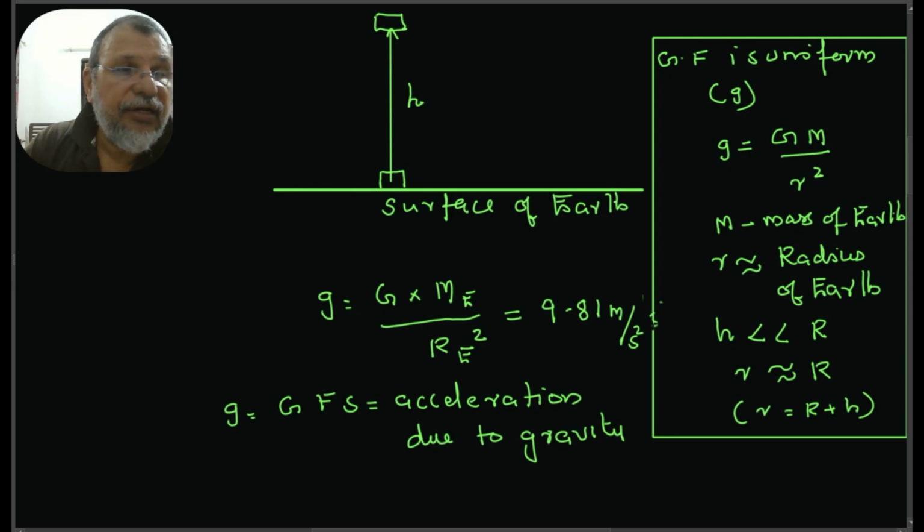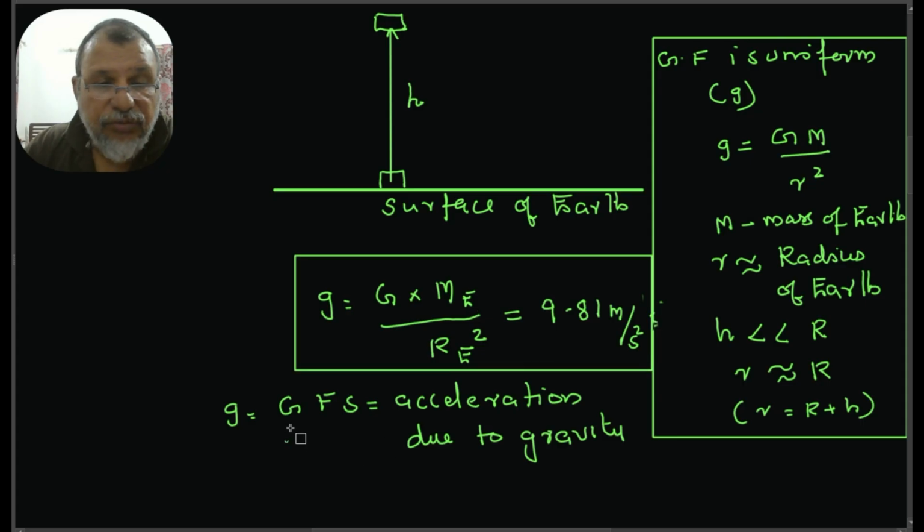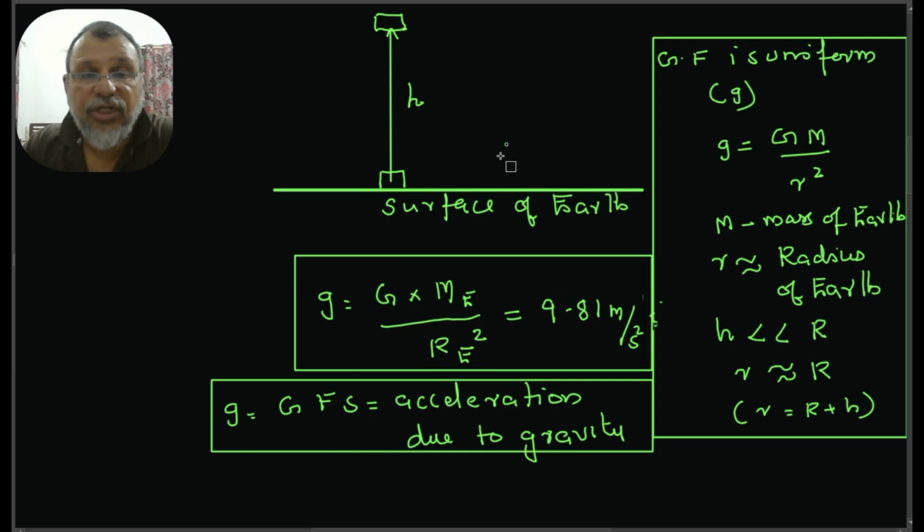So we have calculated the acceleration due to gravity, and we have got the relationship. g is the gravitational field strength, that is exactly equal to acceleration due to gravity in here. So all this information is very handy. All right, now let us try to work out the potential energy.